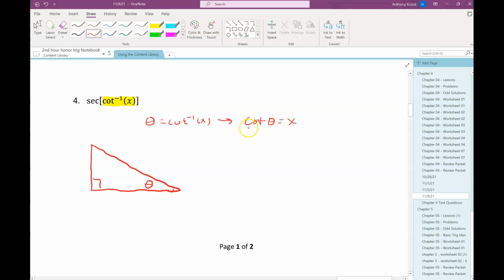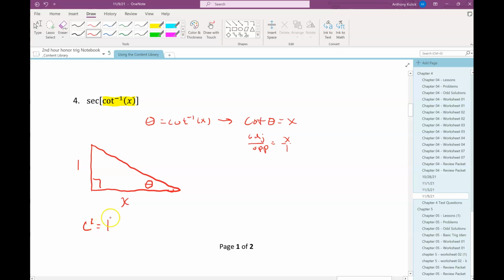Inside a right triangle, cotangent is adjacent divided by opposite. So my adjacent side should be x, and my opposite side should be 1. Cool with that? I can find the third side using the Pythagorean theorem.